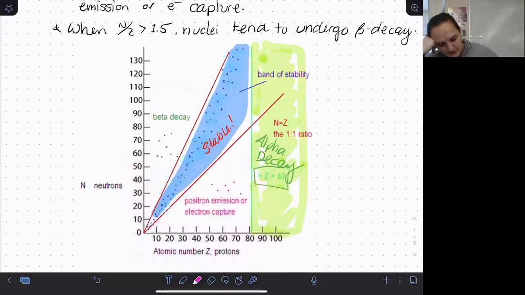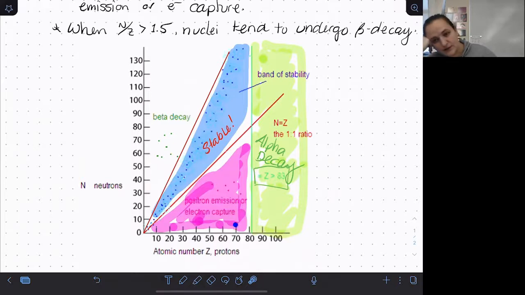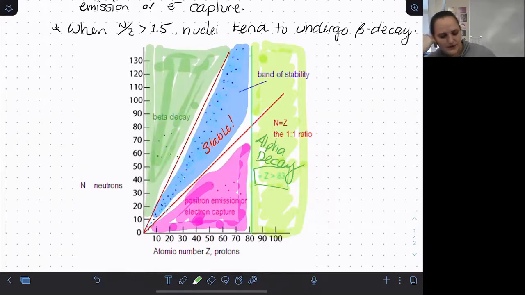And then we've got the positron emission or electron capture region down here, where our N over Z is going to be less than 1. And then we've got the beta decay area up here, where our N over Z is greater than 1.5. So we can see the different regions on this graph are all different neutron to proton ratios, and that can help us predict what is likely to happen for a particular isotope.